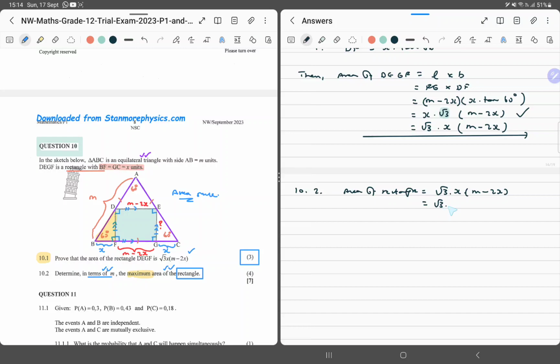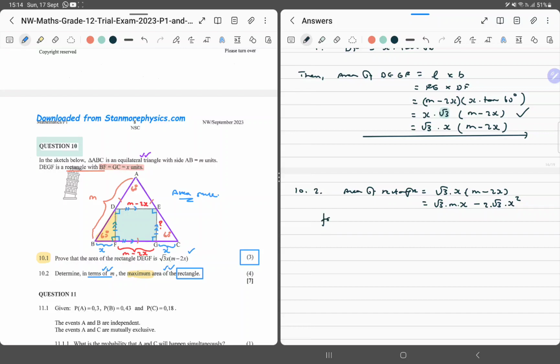It's going to be root 3 times x. Okay, maybe let's put m before x. So it's going to be m x, because we want to do this in terms of m, so we have to eliminate x, minus 2 root 3 times x squared.